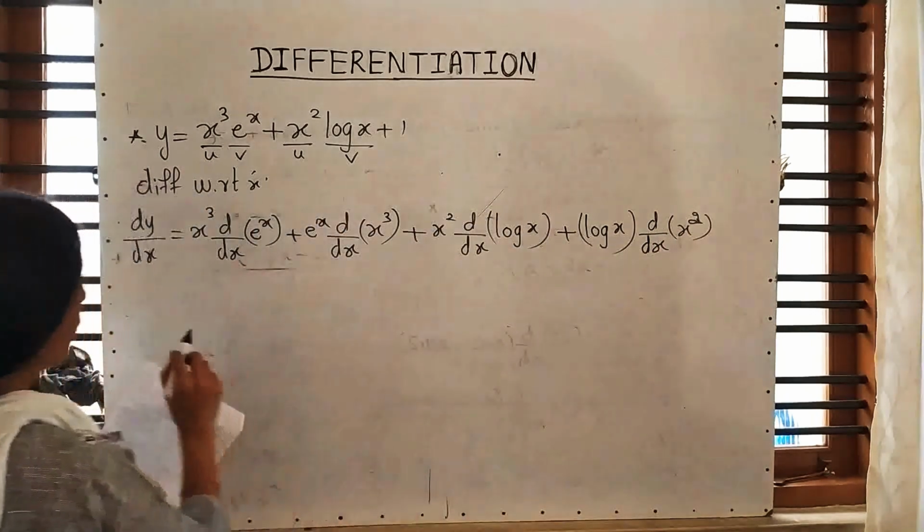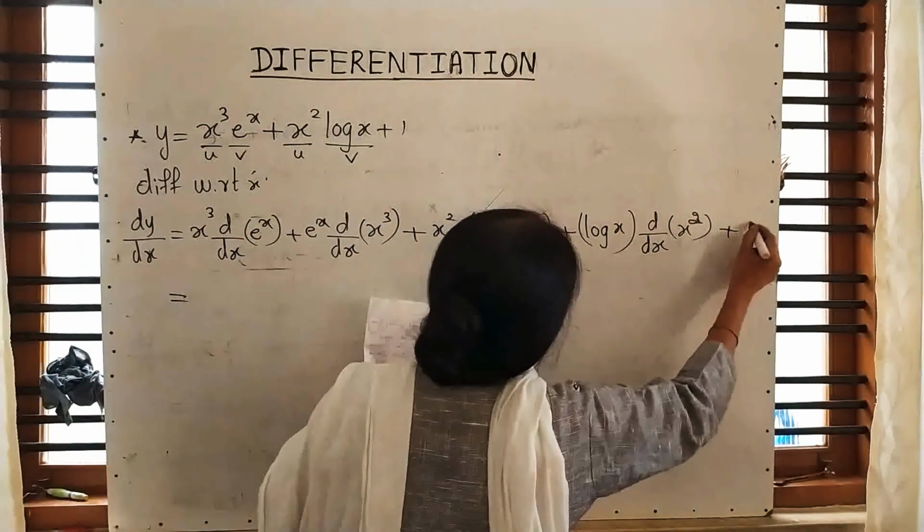And differentiation of 1 is 0, that's why I am not writing. If you want, you can write this is 0.